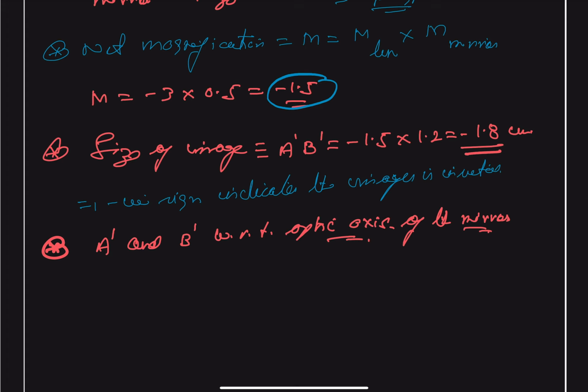And we know that the image of B is formed by the convex lens 0.6 centimeter above RS, because it is an inverted one.